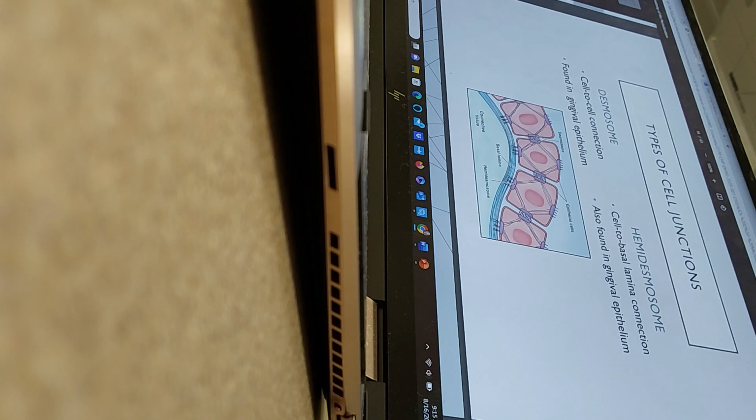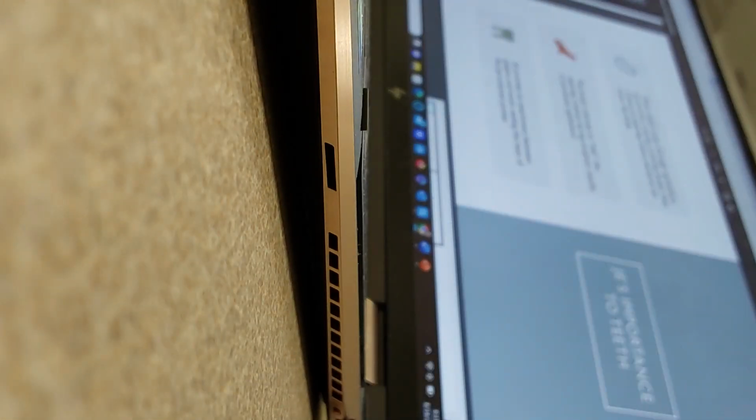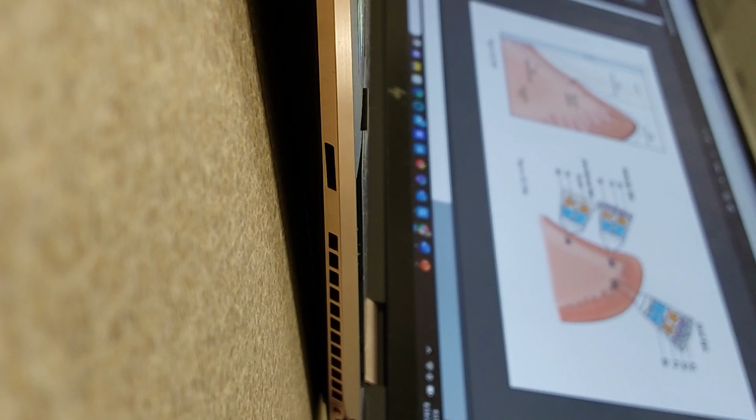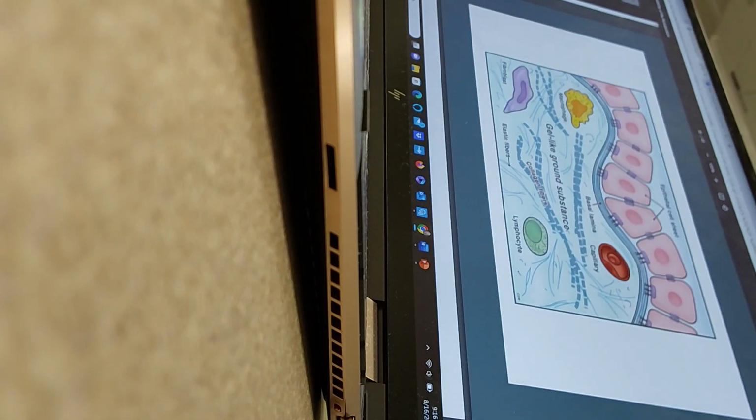In the oral epithelium, you have the granular layer and the keratinous layer. Here's our internal basal lamina and external. I love this picture. I feel like it shows a lot of the things.